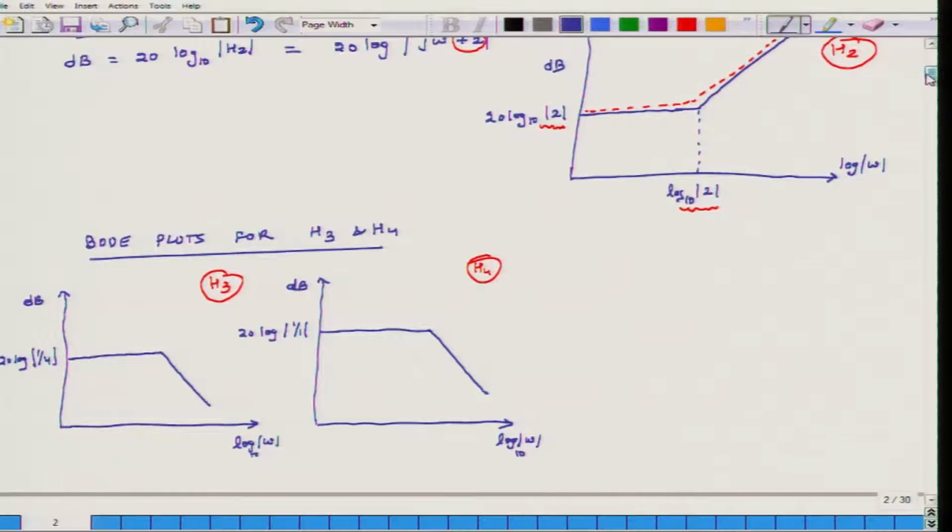Okay. So, this is for H3 and this is for H4, and the crossover points are going to be, so the crossover point is going to occur when log of 1 over omega is going to be log of 1 over 4. So, which means this is going to be log of 4 and this is going to be log of 1.